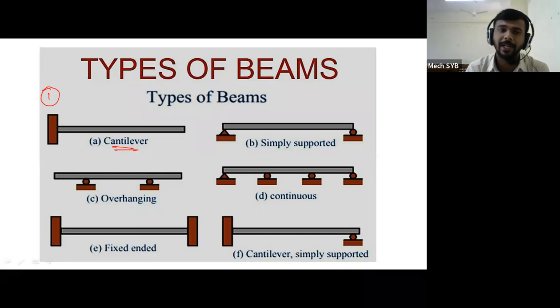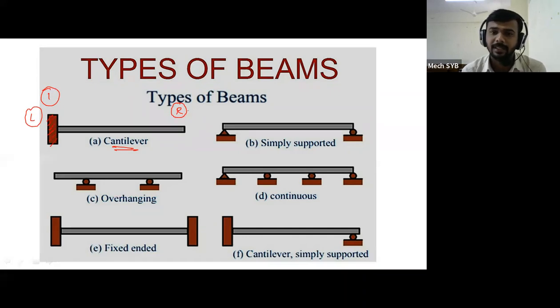The beam whose one end is fixed. For example, this is the left side of the beam and this is the right side of the beam. The left side of the beam is totally fixed, which means it is rigidly fixed at one side, and the other end is free.